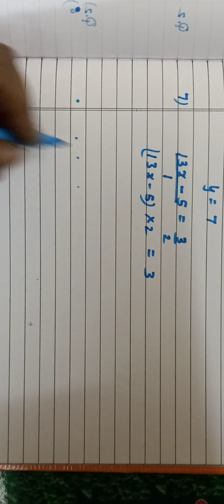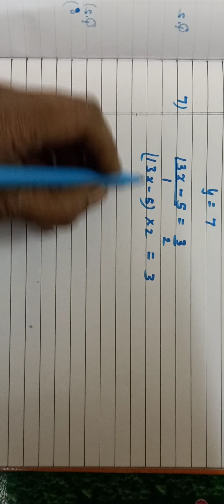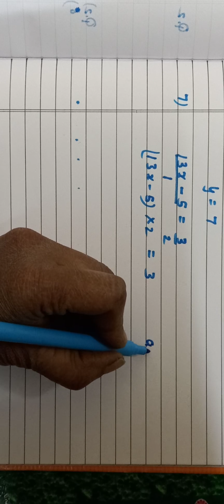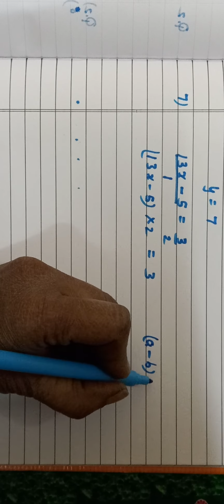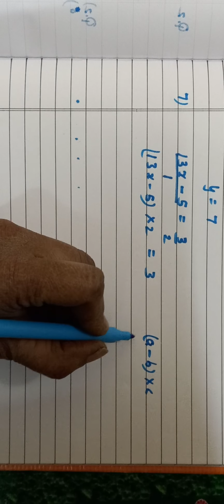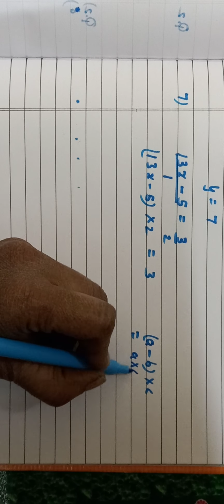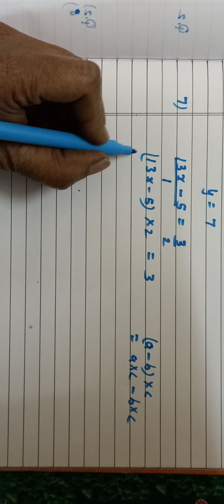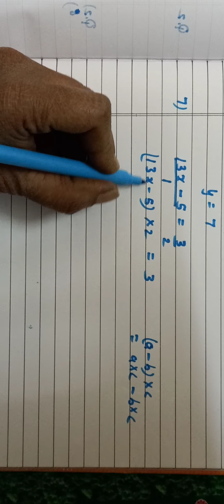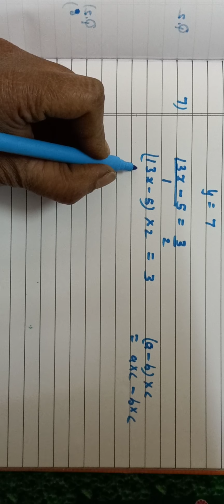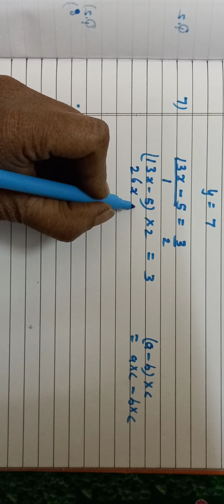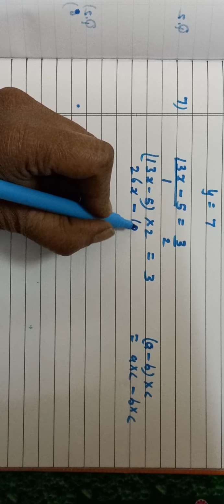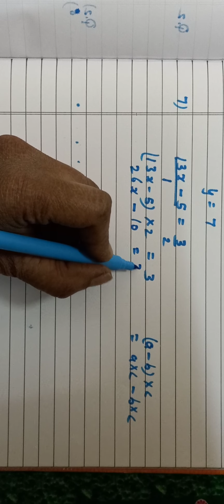Then you will have 13 into 2. See, like this formula you will have studied in lower classes. A minus B into C is equal to A into C minus B into C. Same way you have to do. 13x into 2 will be 26x minus 5 2s are 10 is equal to 3.